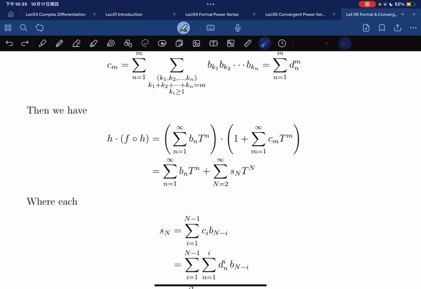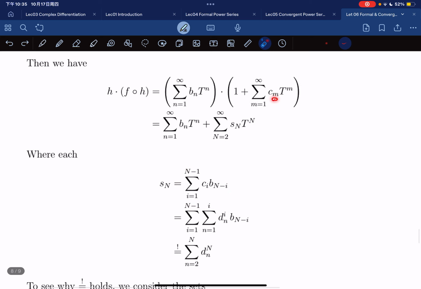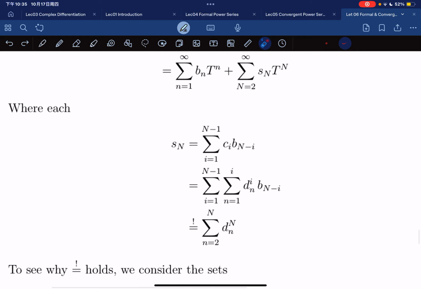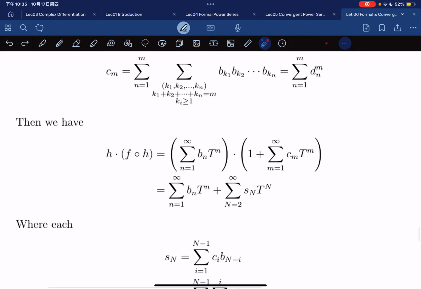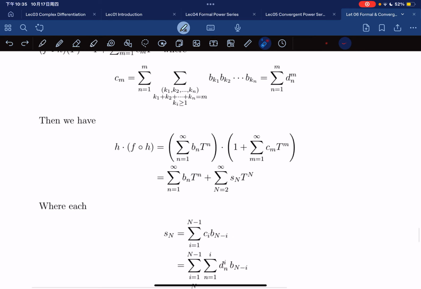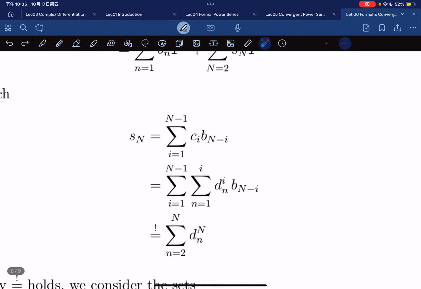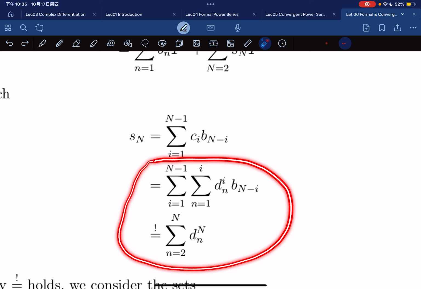The formal product, right? But each s_n should be something like this, the Cauchy product, right? Which is c_i b_{n-i}, from 1 to n minus 1, right? And each c_i, just substitute each c_i with this, right? Should be d_{ni} c_i, right? So from 1 to i, d_{ni} times b of n minus i. And maybe you can take a look at this and recall the definition of d_{ni}. So we have this equality holds, okay?